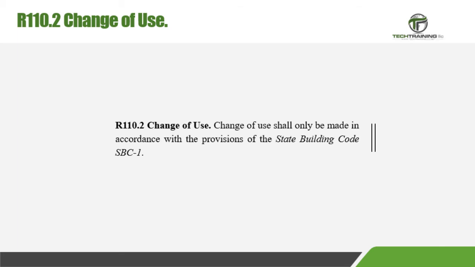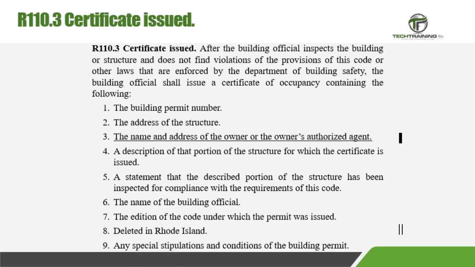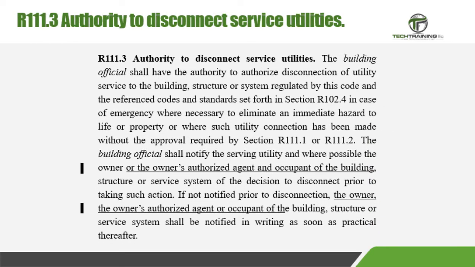R110.2 Change of use is an amendment. R110.3 Certificate issued has modified item 3 to state the name and address of the owner or owner's authorized agent. R111.3 is authority to disconnect service utilities.